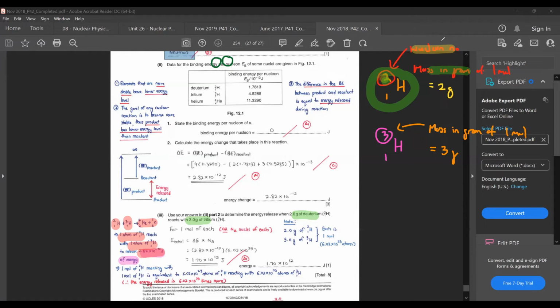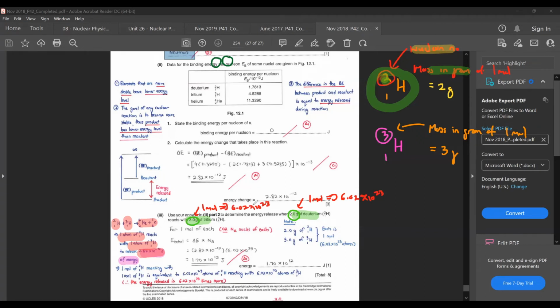The thing you just need to see here is this: they already told you I have 2 grams of deuterium and 3 grams of tritium. This indirectly tells me that I actually have 1 mole of deuterium reacting with 1 mole of tritium. And coincidentally, 1 mole has 6.02 times 10 power 23 nuclei. The same also goes with tritium.